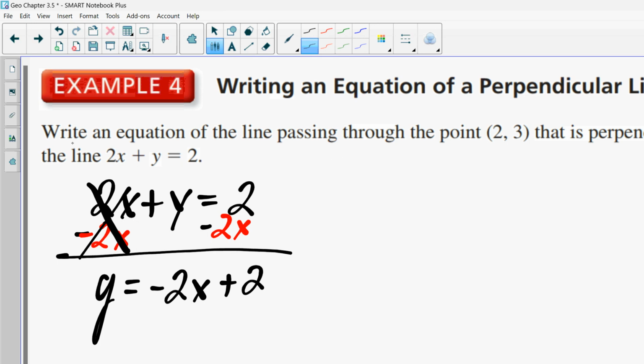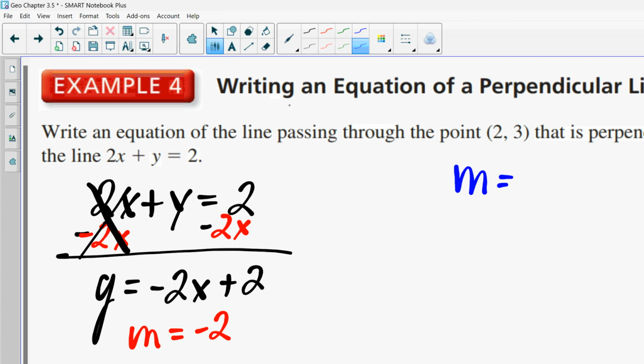Now we do this in order to find out what the slope is. And here, the slope is -2, yes? So the slope of the line that they gave us is -2. But this time they're not parallel, because if they were parallel, the new slope would be -2. Perpendicular is the opposite reciprocal. We change the sign and flip it.